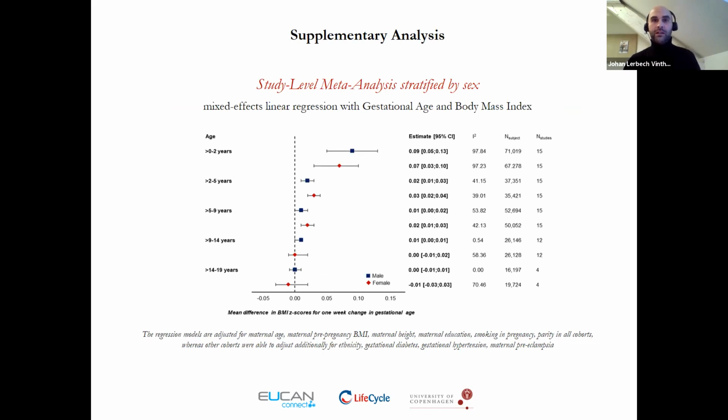And we see here with the linear regression with gestational age and body mass index, there are not huge differences between males and females across the 5 age periods. And we see the confidence intervals are wide in the first age period and the last age period.